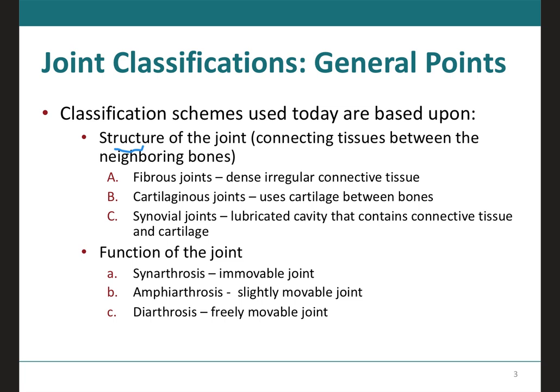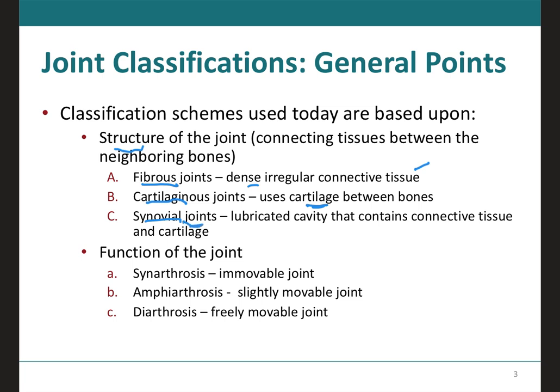We have three different types of structures. We have what we call the fibrous joints, the cartilaginous joints, and the synovial joints. Fibrous, like the name says, will be made of this dense, irregular connective tissue. Cartilaginous, as you can imagine, will be made up of cartilage that's going to be between the bones, usually hyaline cartilage.